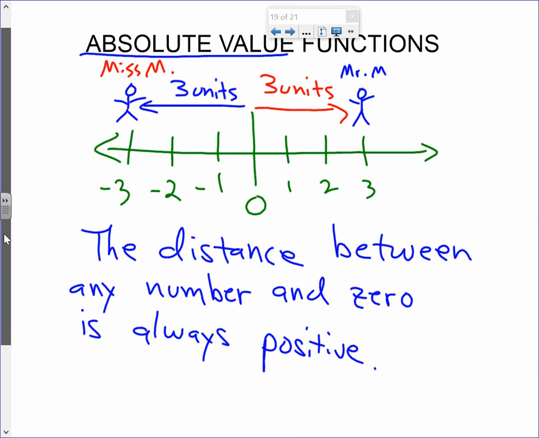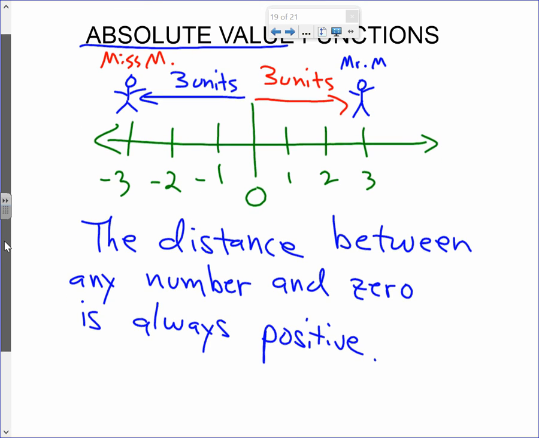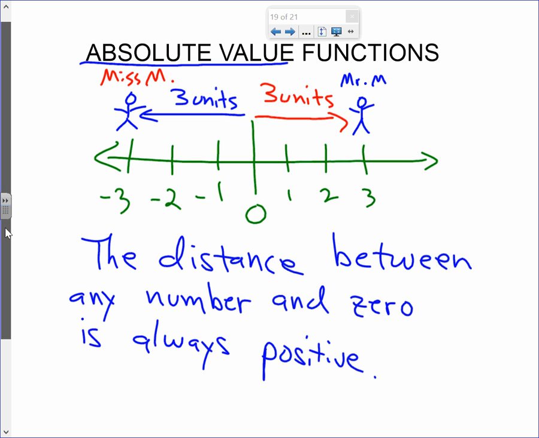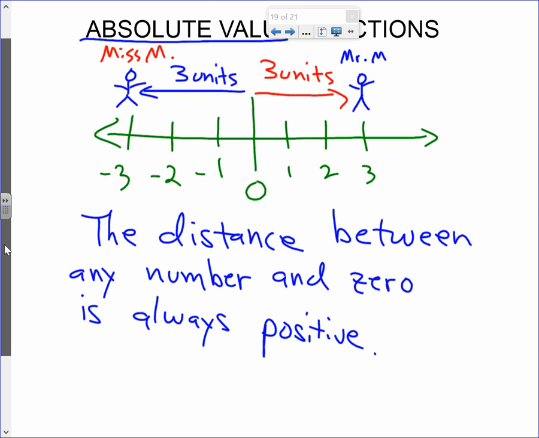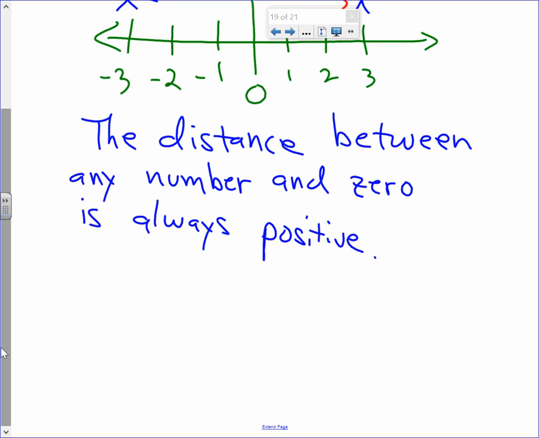Now, watch this. So when I say the absolute value of 3, these bars are called absolute value. They mean absolute value.